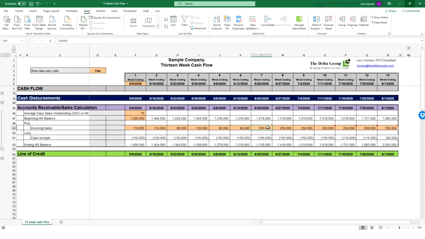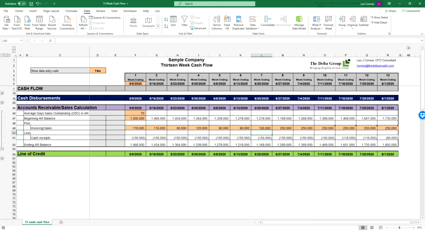And again, these are areas where we can change the numbers as we know more about what we think our sales are.